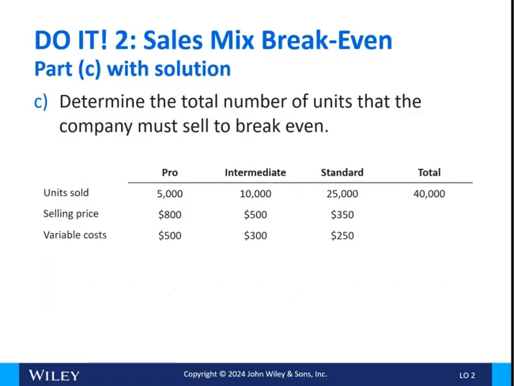Now that we have that, we can get the break-even units. So how many units do we need to sell? We take our fixed costs divided by our contribution margin per unit.